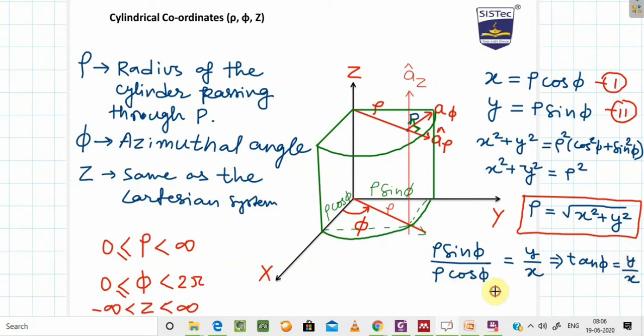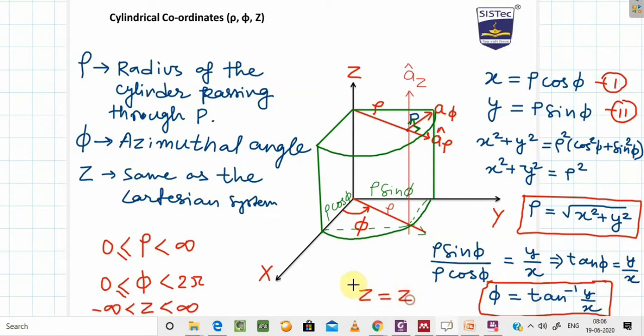So from here we have phi equals tan inverse y upon x, okay. So in this way we can establish the relation, phi equals tan inverse y upon x, fine. And z is simple, z equals z, because the z is similar to what we discussed in the Cartesian coordinates, okay.